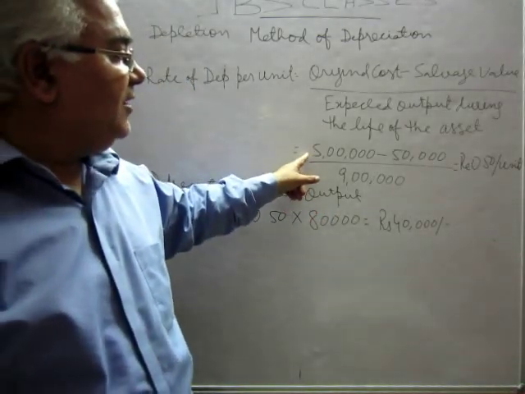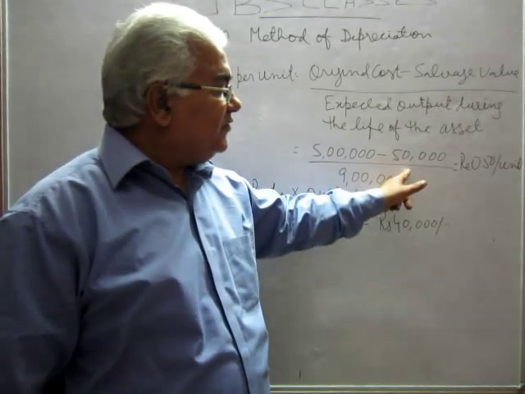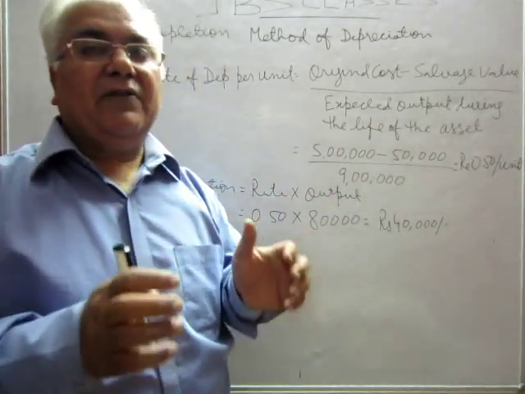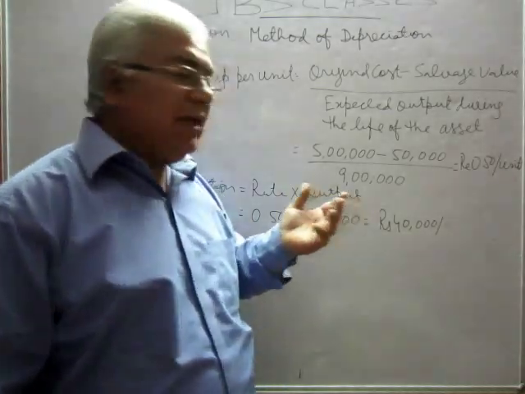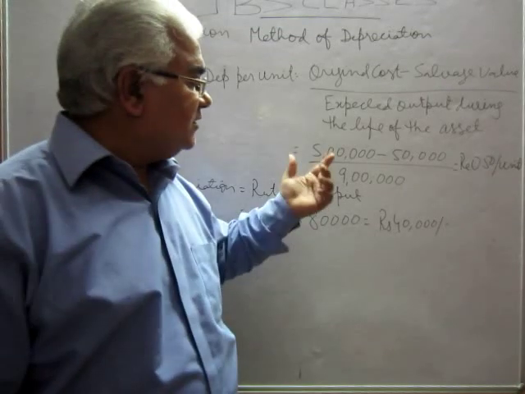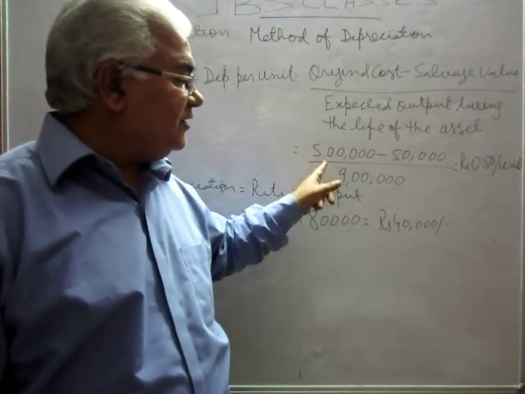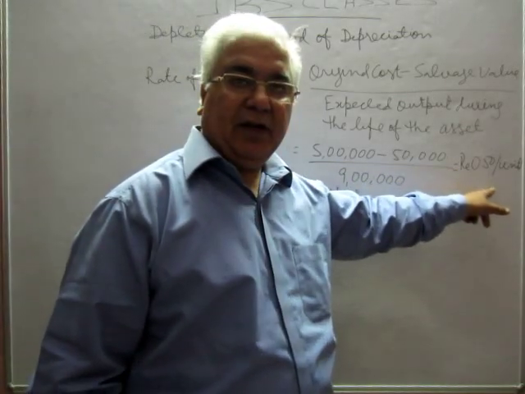For example, if we pay 5 lakh for this asset and the expected salvage value is 50,000, that means we have to write off 4,50,000 over the total production, and expected production out of this is 9 lakh units. That means 4,50,000 divided by 9 lakh comes to 50 paisa per unit.